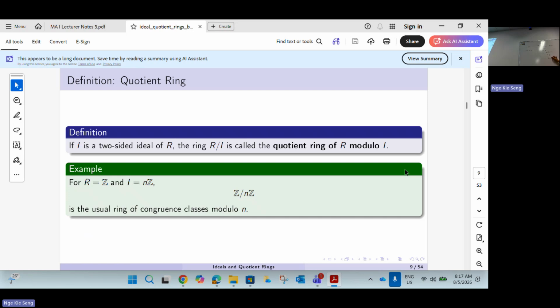And then the left is also the same. This is a right ideal, this is a left ideal. Okay, ideal. For some m.